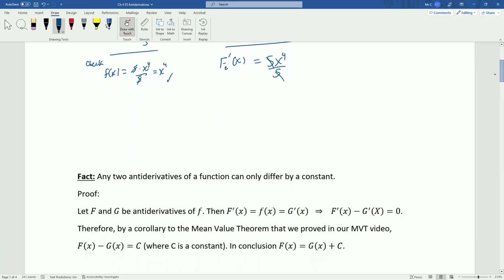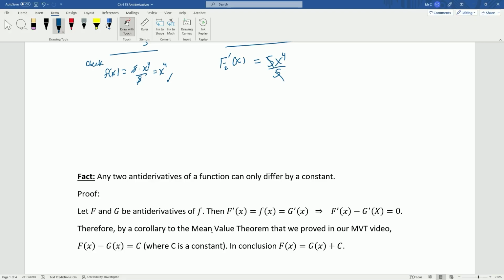In fact, any two antiderivatives of a function can only differ by a constant. So, proof: let F and G be antiderivatives of lowercase f. Then cap F prime is equal to f, and cap G prime is equal to f. But that means that the derivatives are both equal. So cap F prime minus cap G prime is 0.